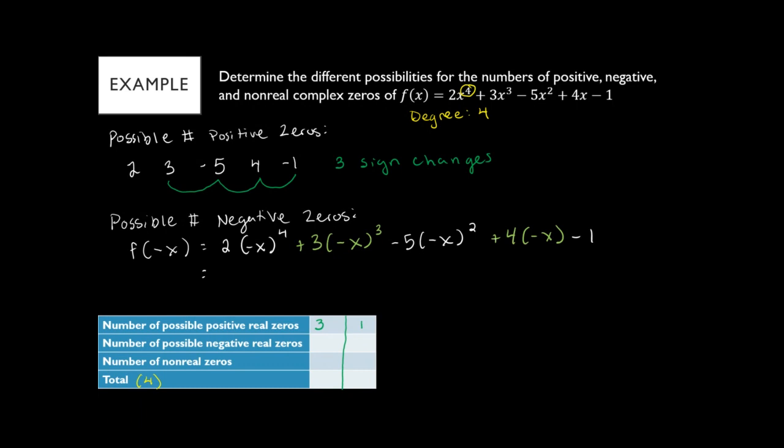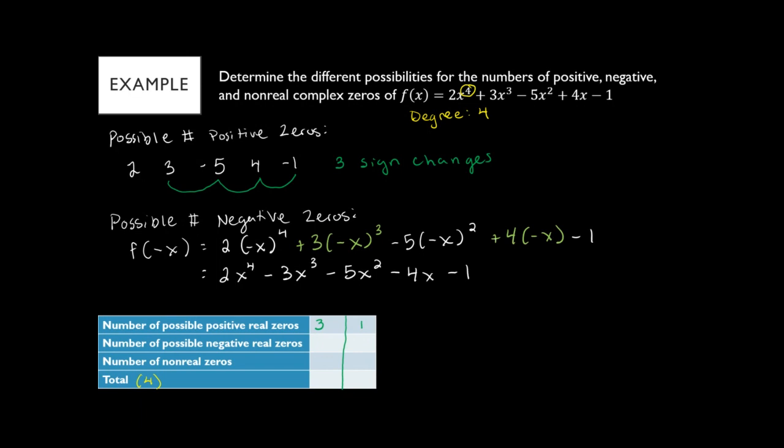So when we simplify this, we get 2x to the fourth, then minus 3x cubed, then minus 5x squared minus 4x minus 1. Then again, you're looking at the coefficients to see where it changes signs.